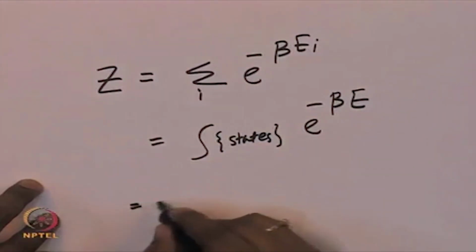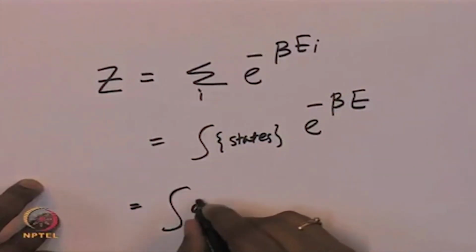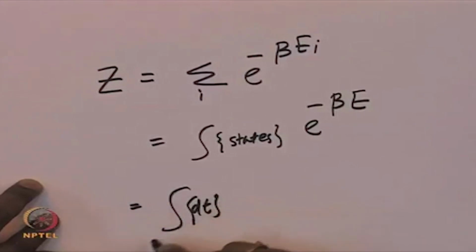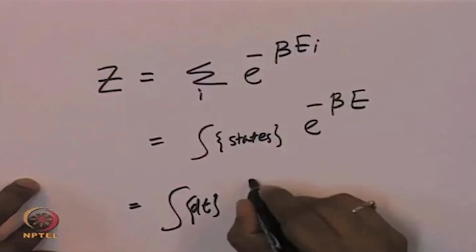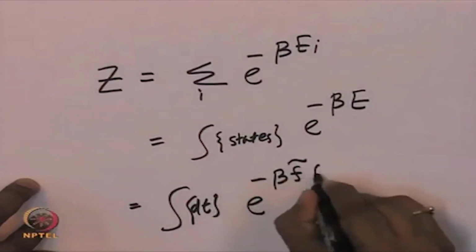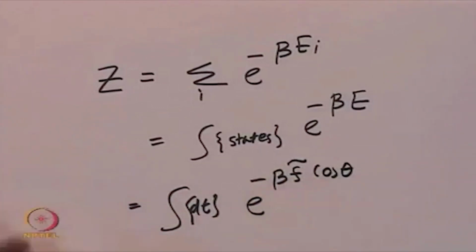So, this is the integral over all possible states, that means all possible tangents, where like we discussed before, e to the power minus beta F tilde cos theta.